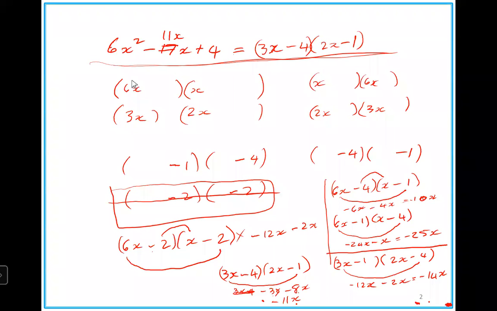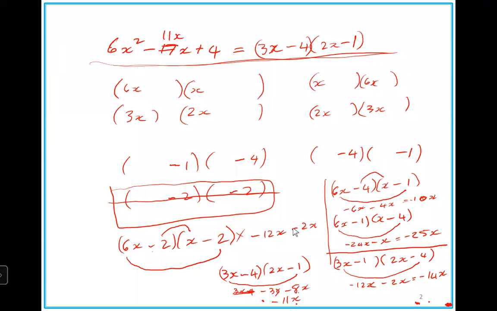But once we decide which combinations we're going to use, we're going to have to try out the different combinations of those to see which would give you the middle term. And that would be what we'd use to do the factorization of that particular expression. Okay, so we just made a mistake at the beginning here and put 17 when it should be 11. But none of those gave us 11 anyway, just this one that gave us the minus 11.